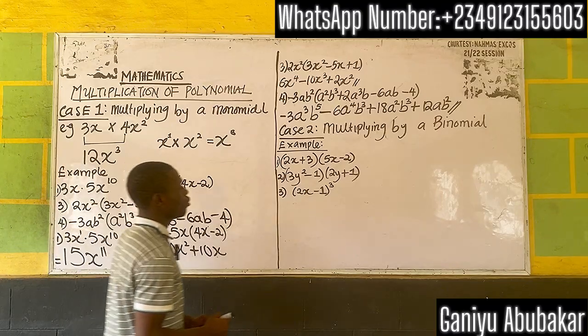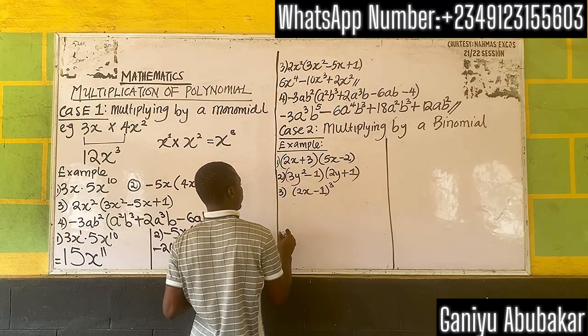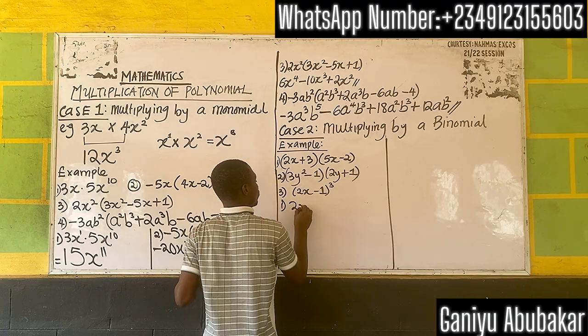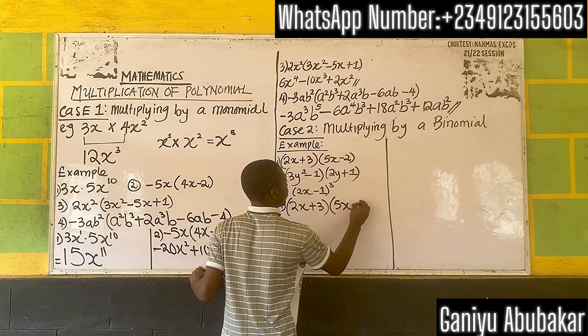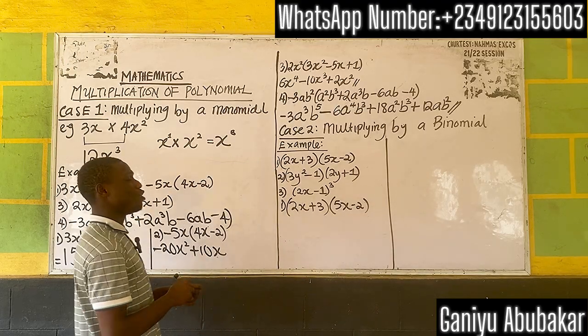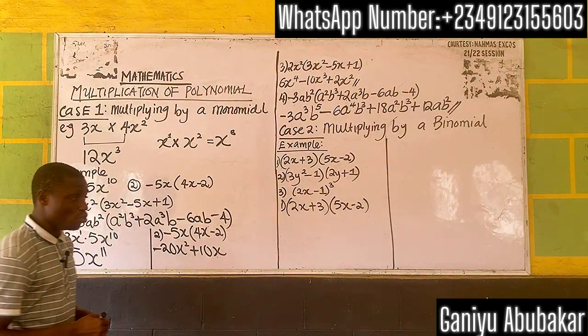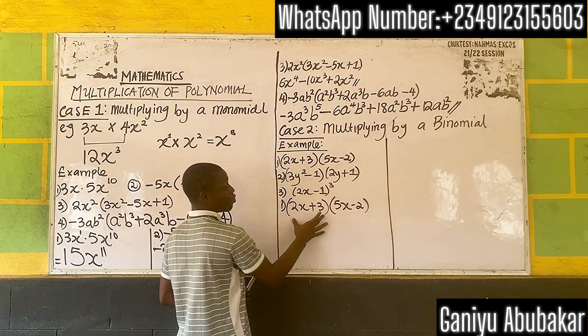Alright, so I'll just do one for you. For number 1, I'm multiplying these two: 2x plus 3 into 5x minus 2. How do you expand a binomial by a binomial? It's simple. You're having two brackets. Take the first one out first.